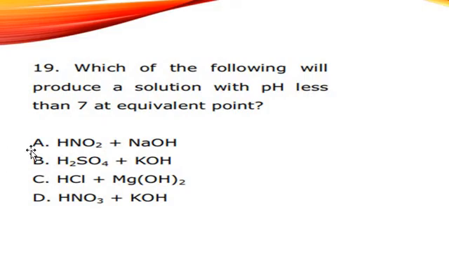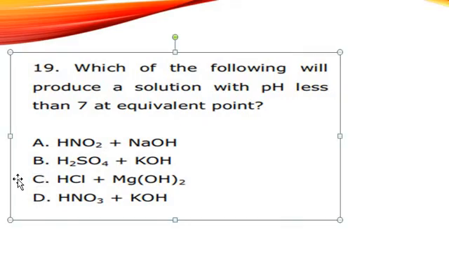Now here, in A we have a strong base, so it's not our answer. In B we have a strong acid and a strong base, and they'll just neutralize each other. While for C we have a strong acid and a weak base, so it's our answer, because even D has just a strong base but a weak acid. So our answer is C, HCl plus magnesium hydroxide.